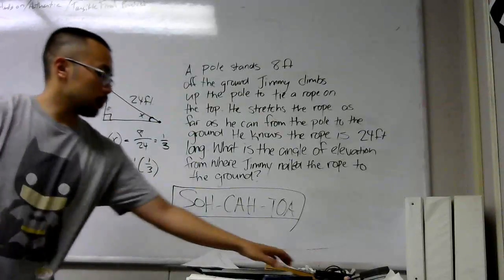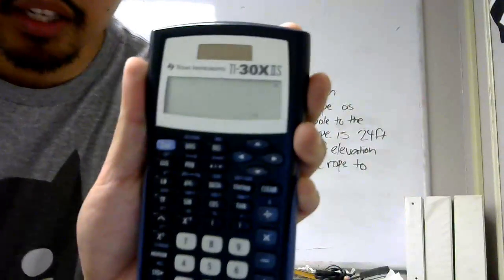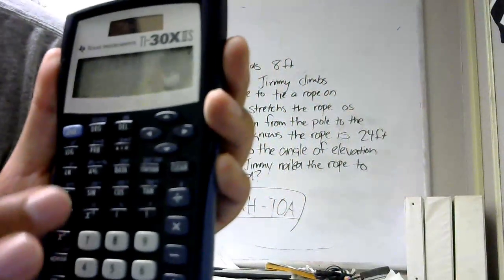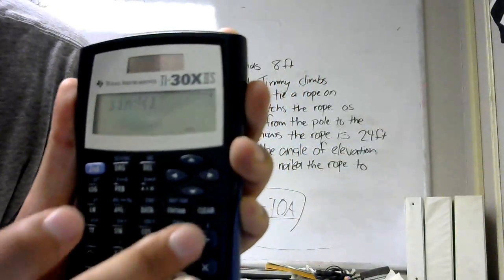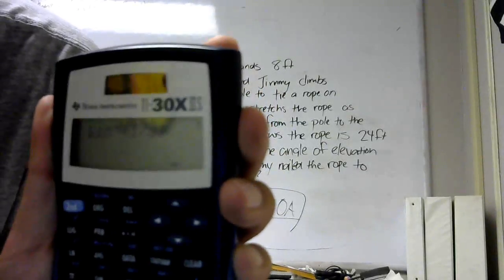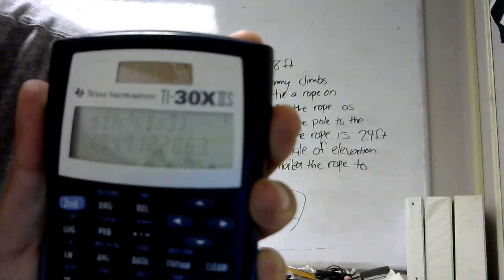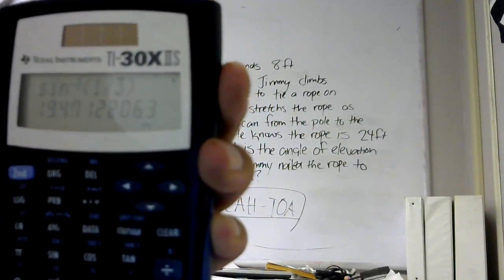We're going to plug that into our calculator. Handy dandy calculator. Second right here, hit sine right there. Then we're going to do 1 divided by 3, close parentheses, equal. Give it some time. And it gives us, if we round up, 19.5.